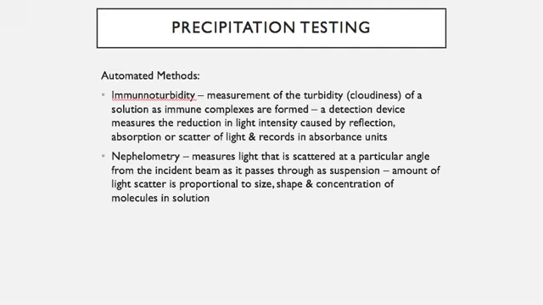The amount of that light scatter is proportional to the size, shape, and concentration of the molecules in a solution. So this is similar to, I don't remember what unit it was, maybe unit 1, when we talked about the principles of the basics of flow cytometry.